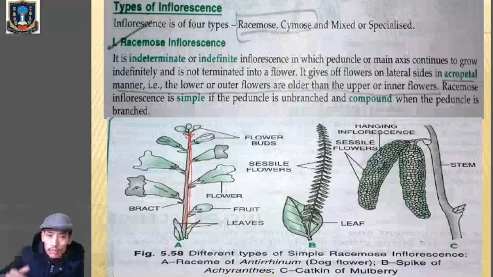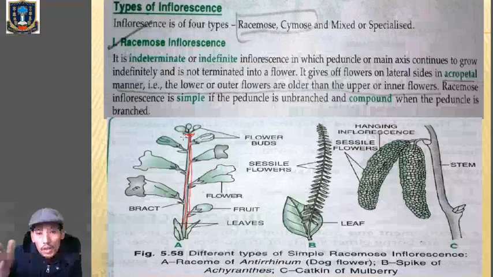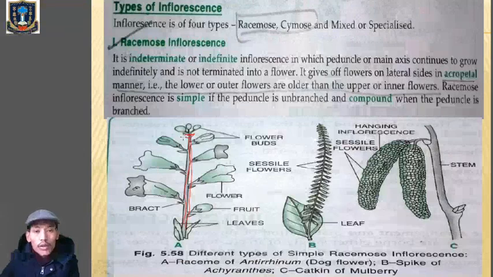So in case of racemose inflorescence, the main stalk or the pedicel will keep on growing continuously, and it will not terminate into a flower.